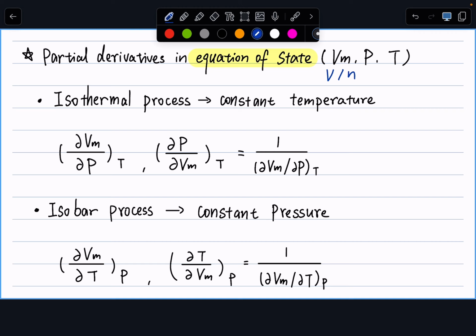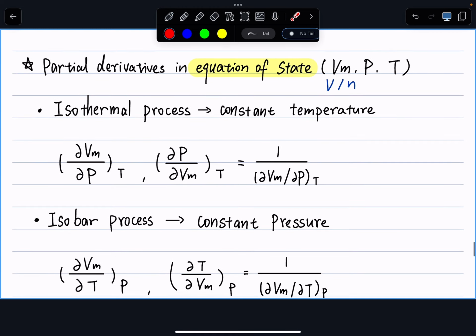If you think about it, we have three different variables, the molar volume, pressure, and temperature. They're dependent on each other. So we have a total of 6 partial derivatives you can come up with. We take the partial derivatives pairwise, keeping the third variable constant.